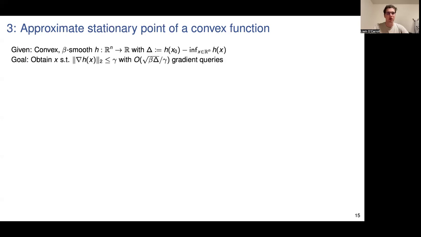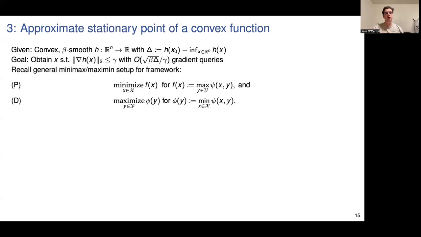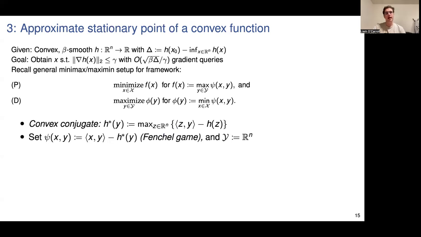Okay, so recall the setup for applying our framework. And this is just the definition of the convex conjugate of a convex function. And we're going to choose psi to be the Fenchel game. So the inner product of x and y minus the convex conjugate of h.